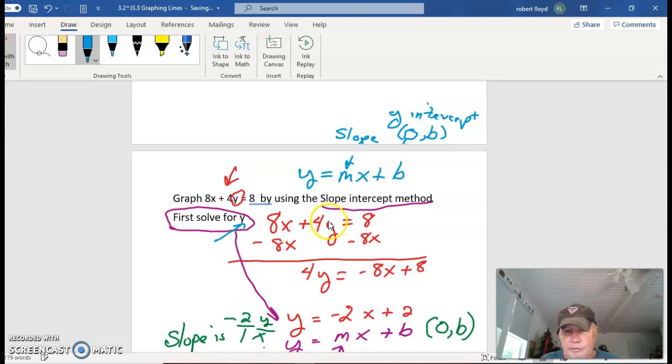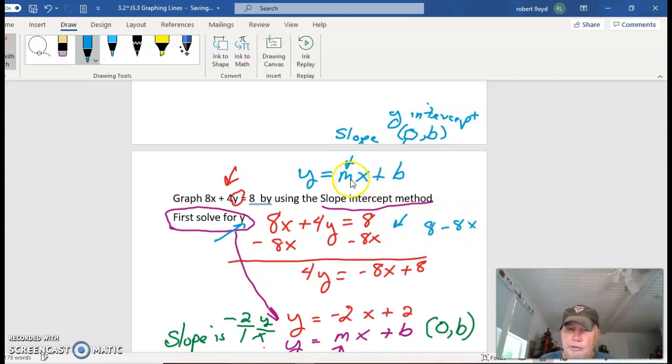So we want to solve it for the y, so we have to get the 8x out of there. So we use a negative 8x, and when we do that on the left side, we have to do it on the right. So we'll get 4y equals negative 8x plus 8. You could have it this way.